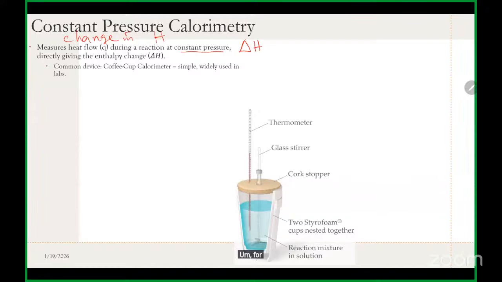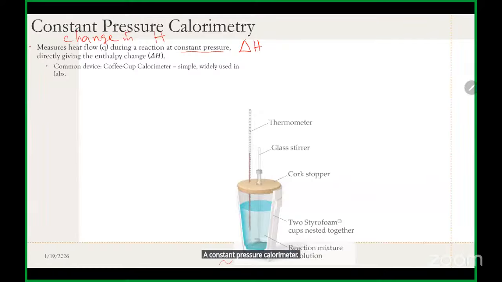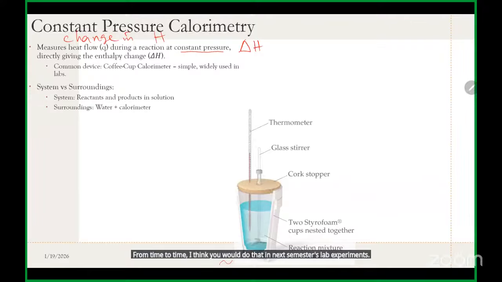For those of you that have tried to put two coffee cups together, those styrofoam cups, and carried out a reaction in it, that's a crude way of setting up a constant pressure calorimeter. And it's also a cheap way. I think you will do that in next semester's lab experiments. So this is two cups together.